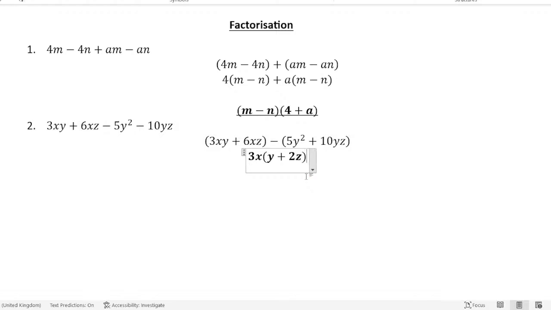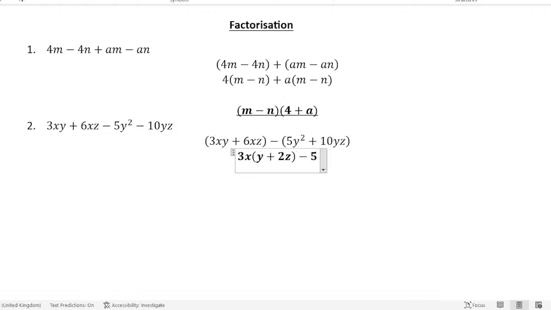Here we have 3x multiplied by y, which is 3xy, then 3x multiplied by 2z, which is 6xz. Then minus, we take out a common factor.